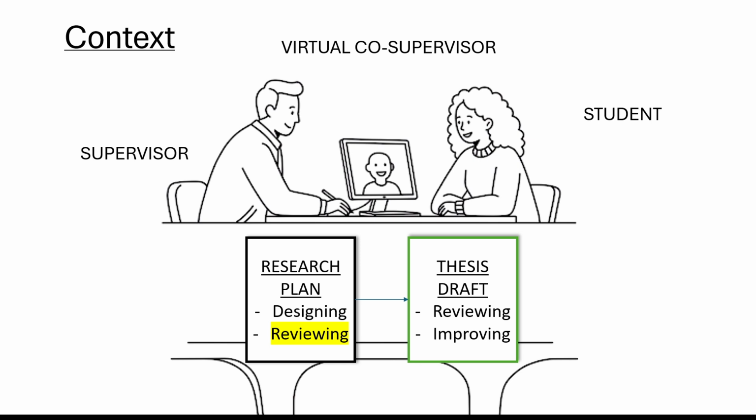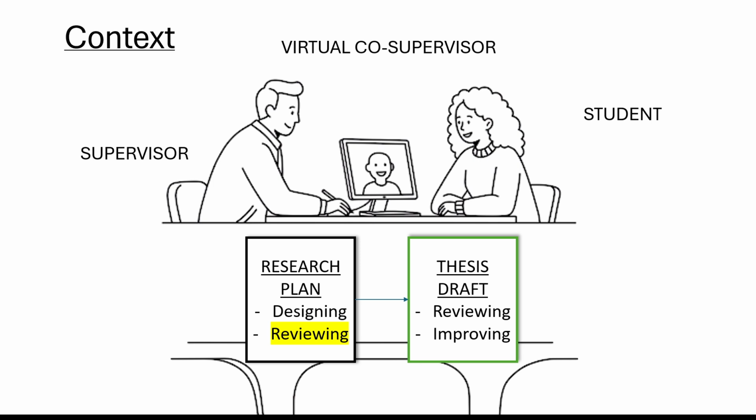AI can support researchers in multiple ways, such as data analysis, literature reviews, research design validation, and decision-making support. But REPLEI is for the initial steps of the research, which is the evaluation of the research plan.